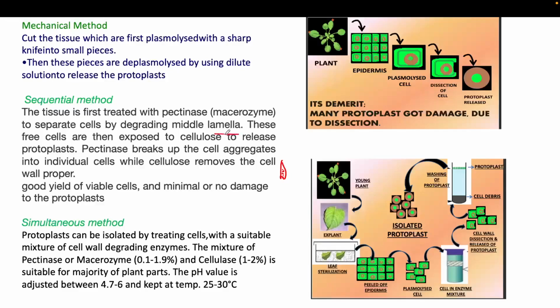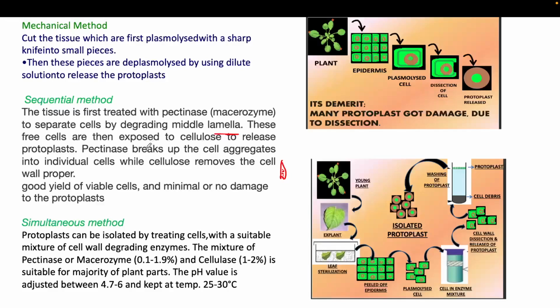We can say it is the connective material which helps in binding one cell to another cell. So pectinase will degrade this lamella, and then these cells will be free. After freeing these cells, you have to dissolve the cellulose, because your cell wall is made up of cellulose.